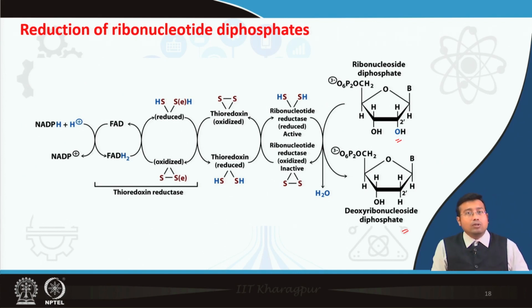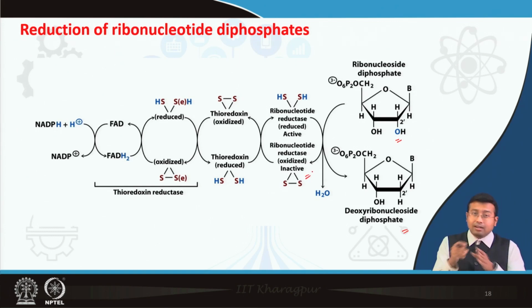Well, ribonucleotide reductase has been studied to be active in reduced form. There are disulfhydryl groups in the enzyme that catalyzes the reaction, which are active when they are in reduced form. During the ribonucleotide reductase reaction, they are converted to their oxidized form.